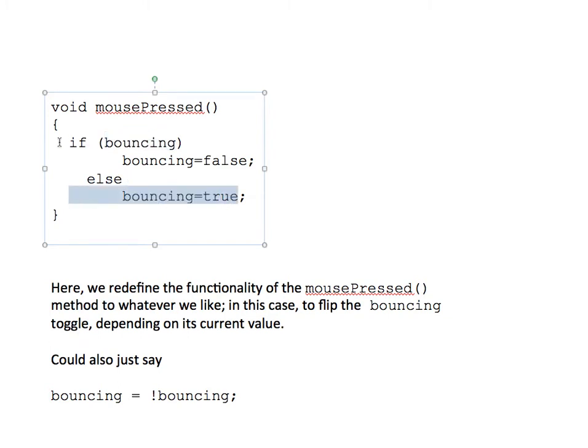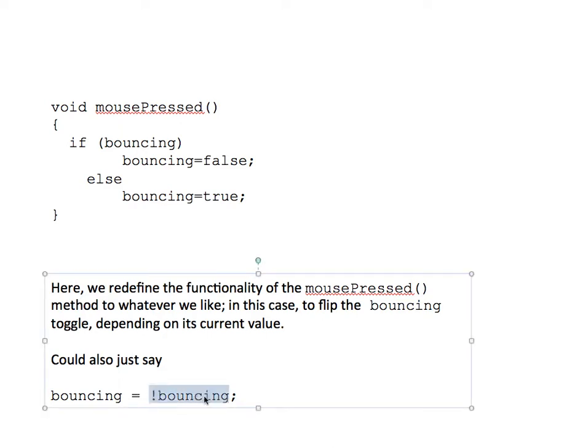This just flips the value of bouncing whenever the mouse is pressed. Remember, mousePressed is a void function. It doesn't return anything. It simply acts on the bouncing variable. Remember, this is activated whenever the mouse is pressed. Now we could just as easily say bouncing takes the value of not bouncing, but we've done it explicitly here just to make it slightly easier to understand.